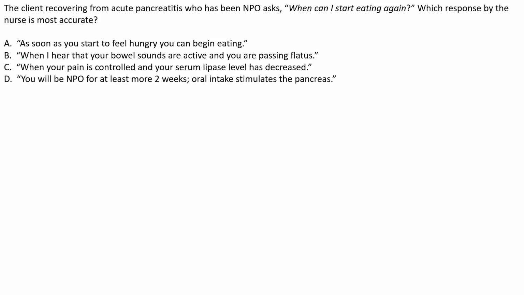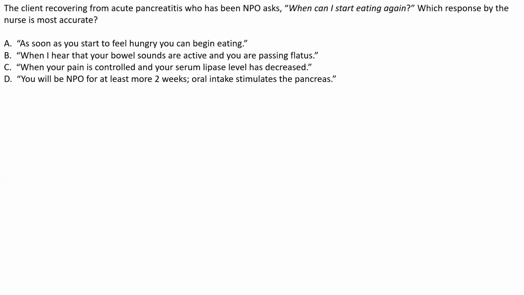When the bowel sounds are active? So A, regaining appetite is a positive sign, but it must be associated with a decrease in pain before the client is allowed to ingest any food orally. So before they get anything PO, the pain should subside or decline as an indication that the disease process has improved.